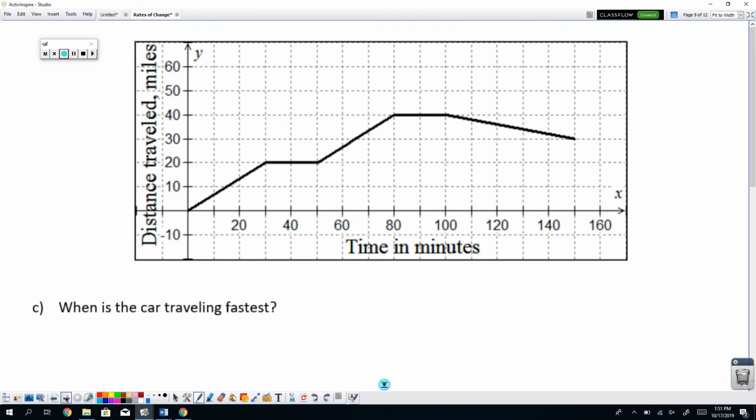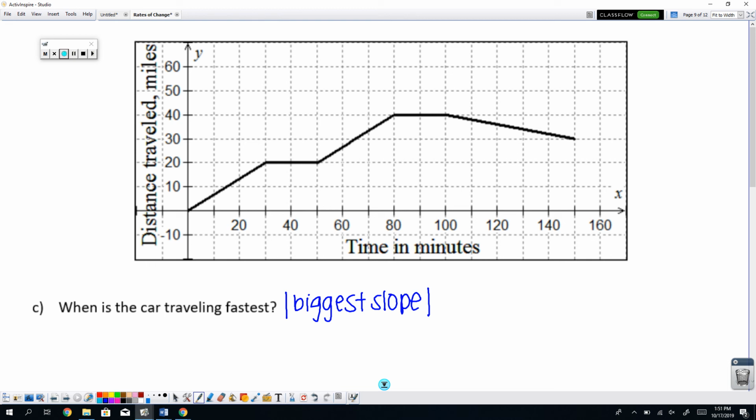Okay, now let's look at the next question. It says, when is the car traveling the fastest? So, fastest means we're looking for the fastest change of distance per time. So what we're looking for really is just what is the biggest slope? And technically we should put it in absolute value bars, because it doesn't matter here, so going down we could still talk about that being the fastest.